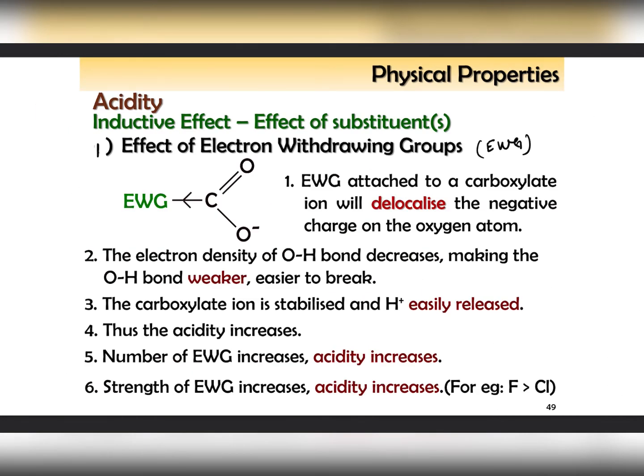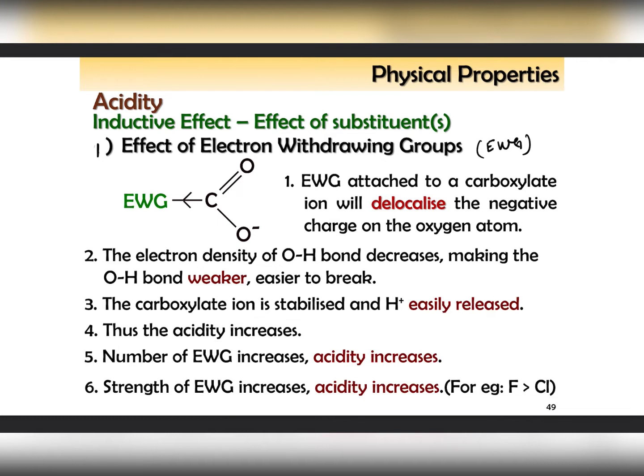Okay, now let's have a look at the effect of electron withdrawing group on the carboxylate ion. Okay, so bila kita ada electron withdrawing group, remember dia akan tarik the electron density. So electron withdrawing group attached to the carboxylate ion will delocalize the negative charge on the oxygen atom.